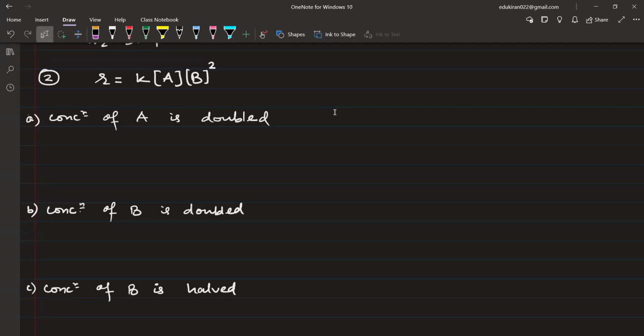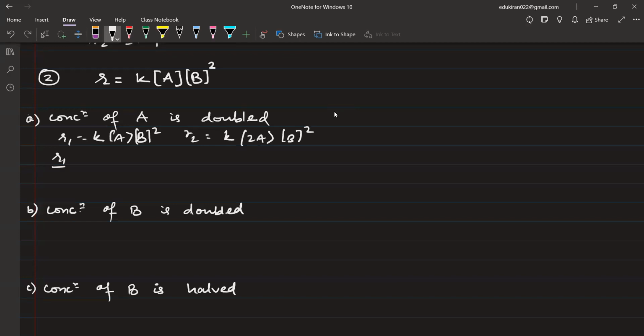सेम आंसर है। नहीं सेम आंसर, in the first case R1 is equal to K concentration of A and B squared, R2 will be K into the concentration of 2A and then B squared. Yeah.